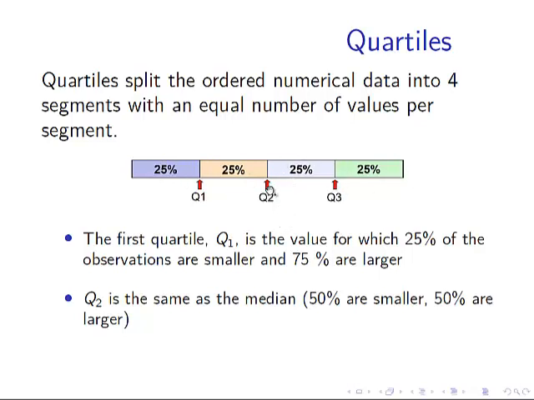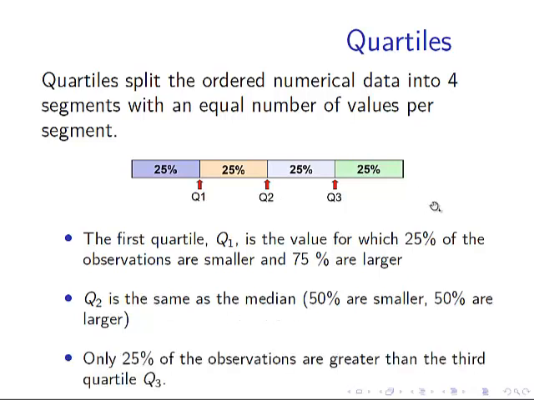As you see, this is exactly the same definition as the median. Therefore, Q2, the second quartile, is the same as the median. Third quartile is the value from which only 25% of values are greater, and of course 75% of values are smaller than the third quartile.